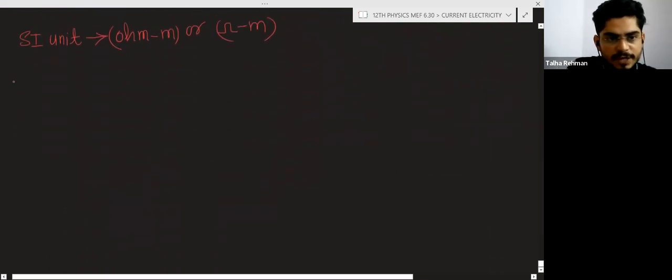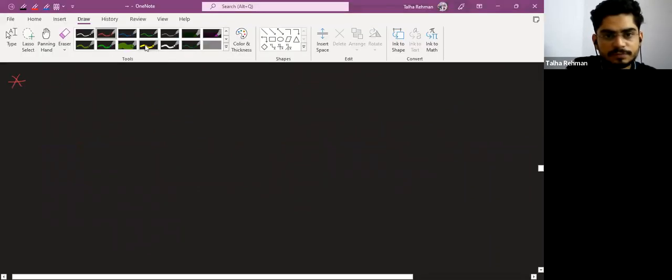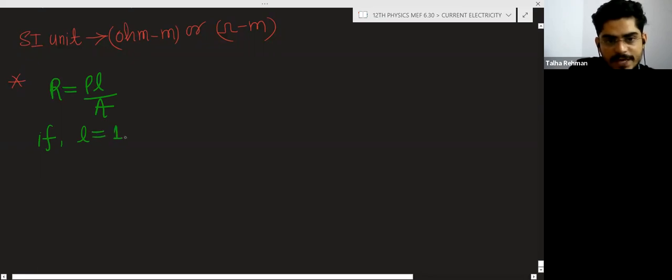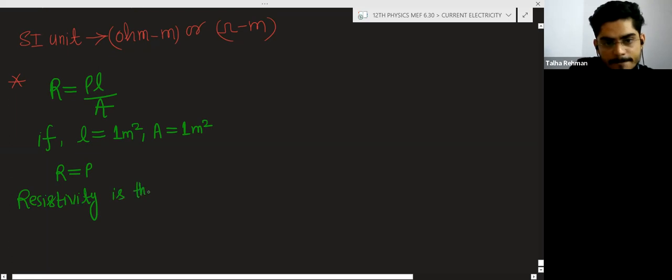If I have this formula, resistance R is equal to rho L divided by A, and you take the length of the conductor as 1 meter and area of cross section as 1 meter square, then this is 1 and this is 1. So resistance equals resistivity.